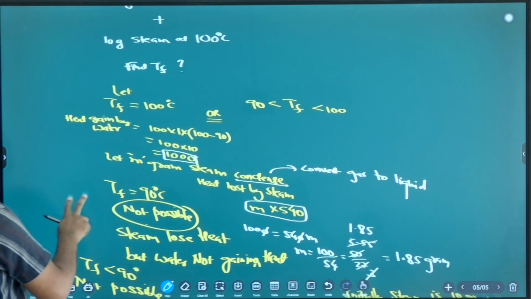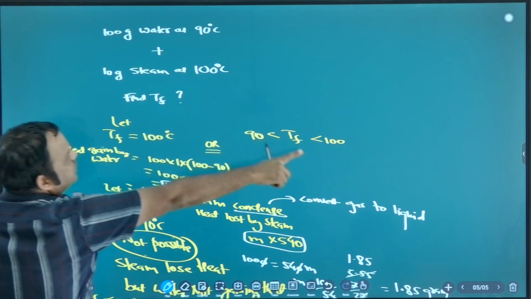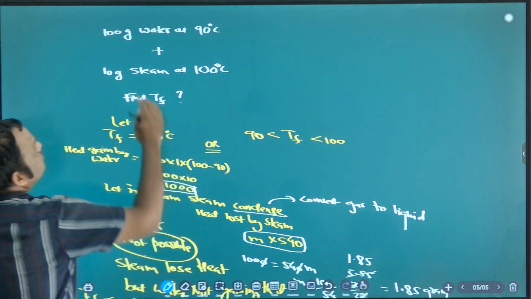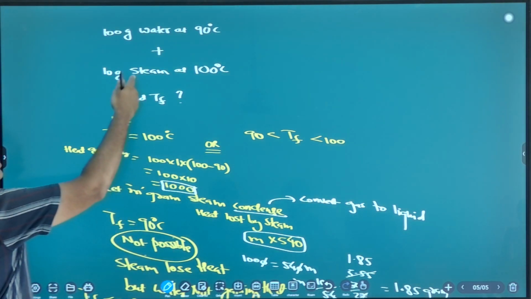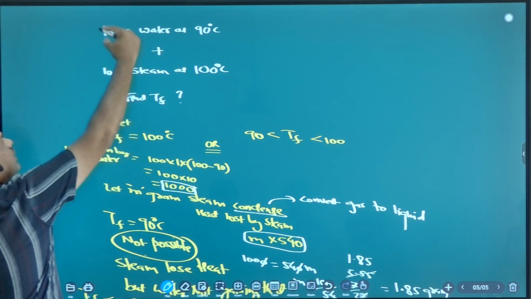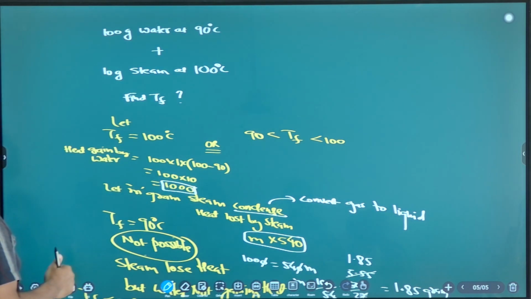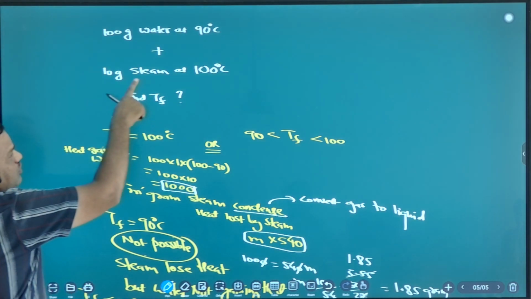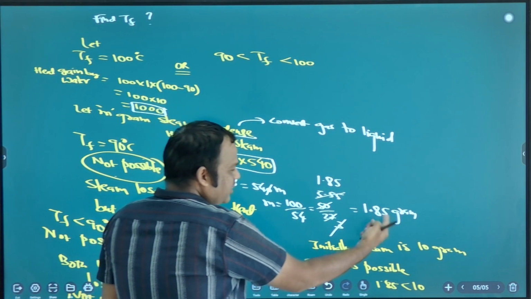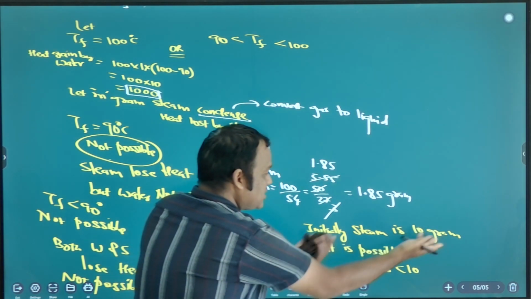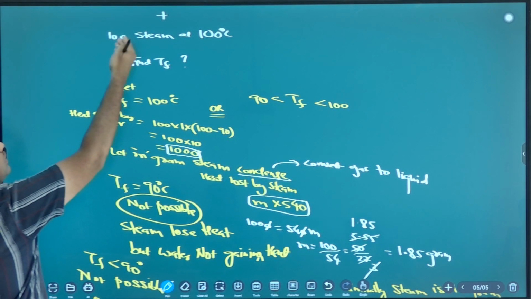Now you tell what change I should make here so that the final temperature is between 90 and 100. Whose amount do I increase? Water or steam? If you increase steam amount, again you will get the same answer, 1.85, and initially more steam was there, 20 gram, 30 gram steam.